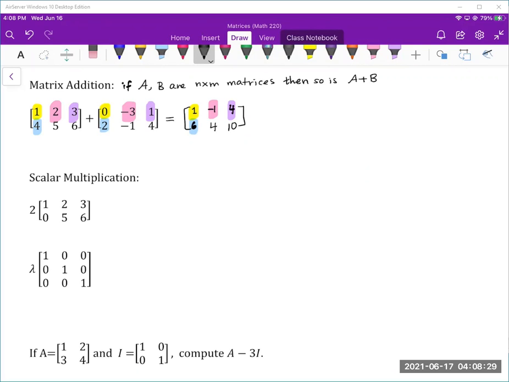Okay, next we're going to look at scalar multiplication. So this says, in order to carry out scalar multiplication, every entry is going to just be multiplied by this scalar.